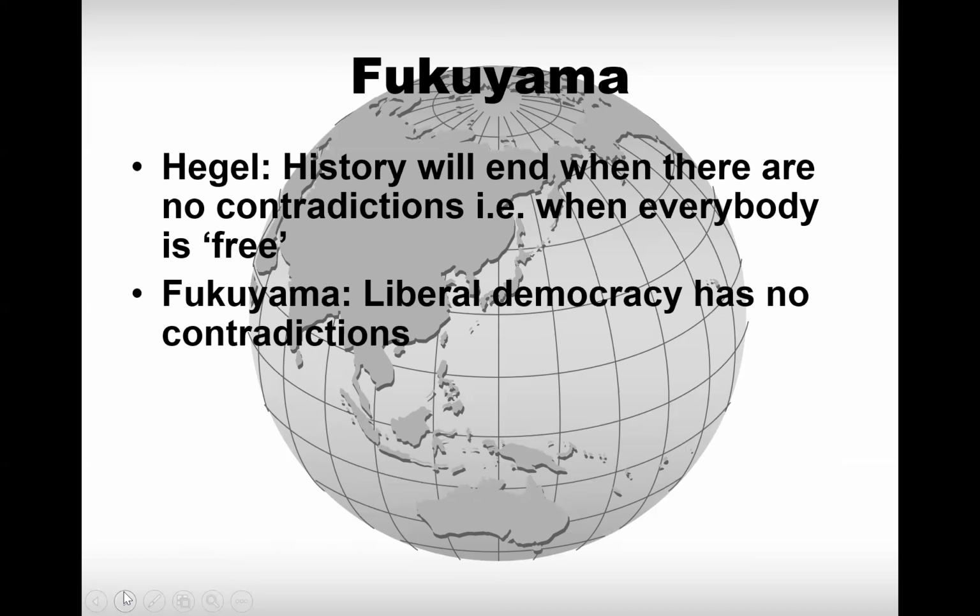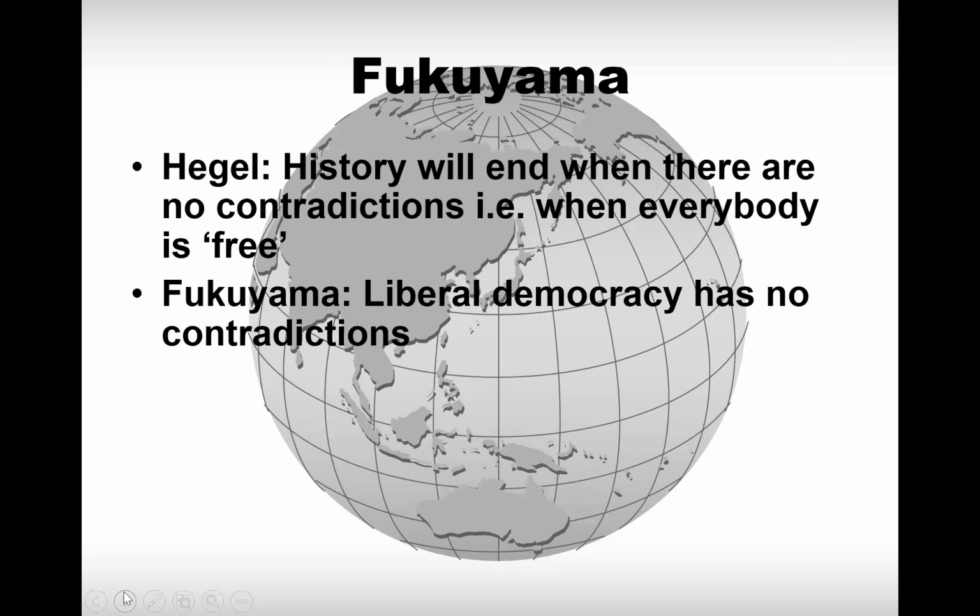Fukuyama bases his thesis, his thinking, upon the work of George Hegel, who, as I mentioned, influenced the thinking of Karl Marx. Now, Hegel argued that history would end when there are no contradictions, meaning when everybody here is free.